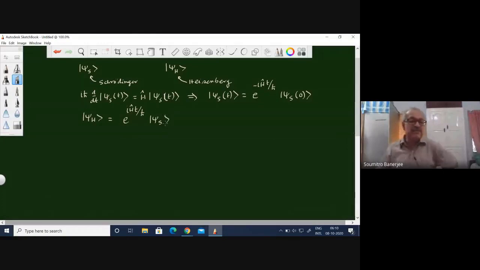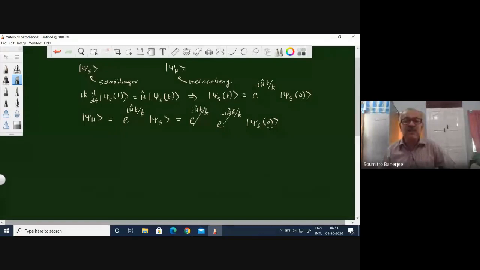So if it is defined this way, then the psi Heisenberg at any particular time will be e to the power i H t by h cross times e to the power minus i H t by h cross psi_S, and these cancel off.